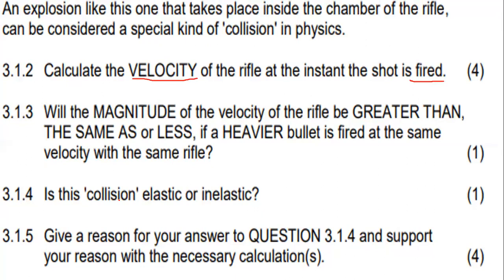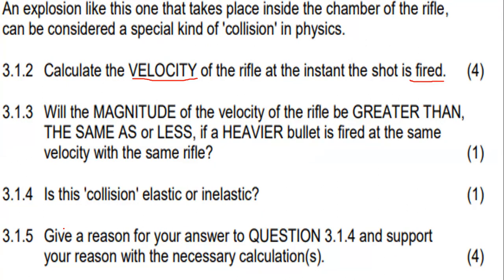By definition, an elastic collision is a collision in which the total linear momentum is conserved and the total kinetic energy is conserved. If the collision is inelastic, the total linear momentum is conserved, but the total kinetic energy is not conserved.